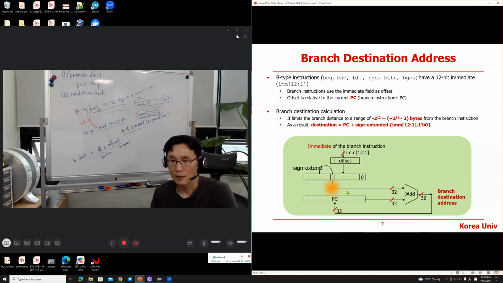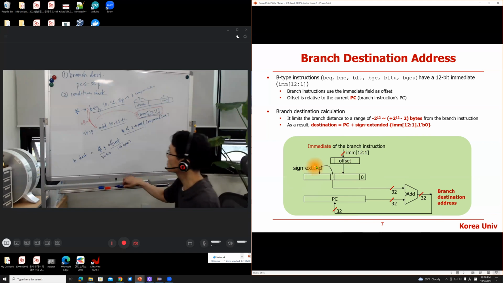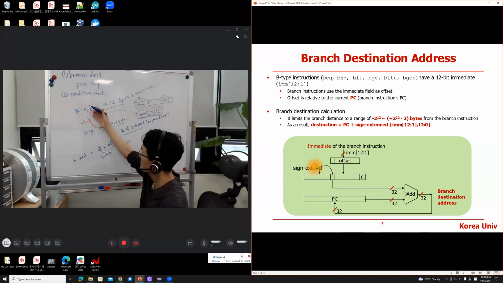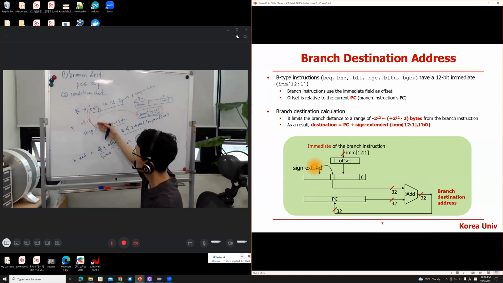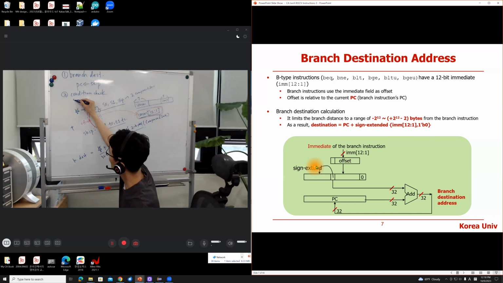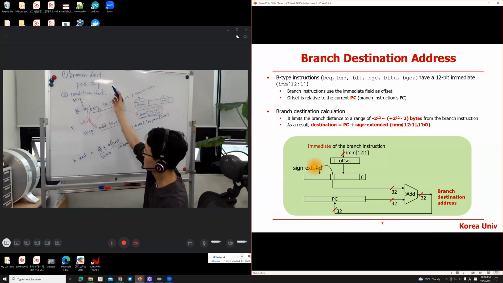Again, the current location of a branch instruction plus the distance. The reason why you do sign extension is because sometimes the destination is in the forward, positive direction. Sometimes the destination could be in the backward direction, a backward branch, so minus.